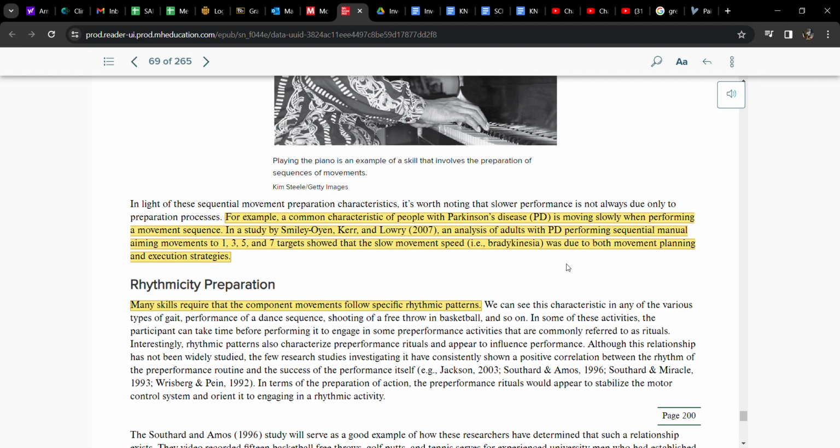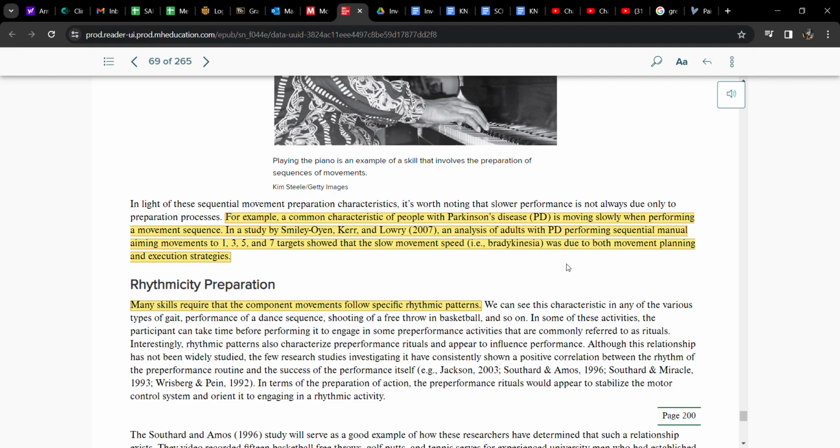So we're basically implying that people's ability to prepare movement, especially when they have a movement disorder and a movement condition like Parkinson's disease, is decreased. So it shows you the importance of movement preparation when people are doing any particular task and how it can be affected by certain conditions.